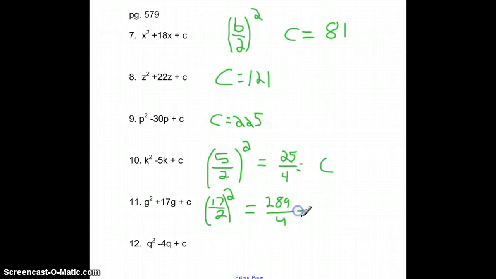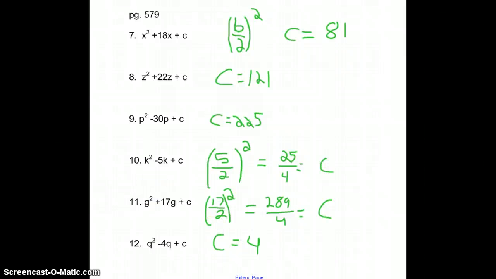So that's our c value. Over here, half of 4 is 2. 2 squared is 4. So c equals 4. So again, we use the formula b over 2 squared to find out what our c will be to make it a perfect square trinomial. It's sort of like the magic dust, the magic beans that make this whole thing work, okay?